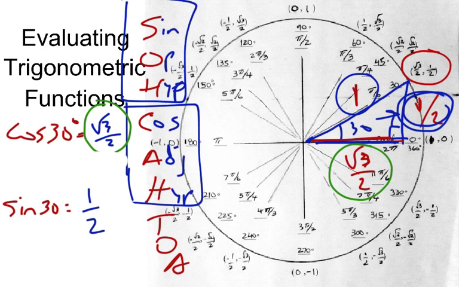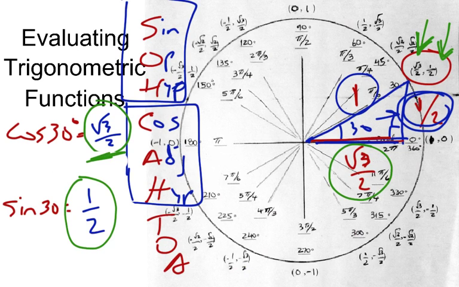So as we notice right now, when I do cosine of 30, look at the circle, I have square root 3 over 2. That's the value that I got. When I did sine, I have 1/2, which is the y value.